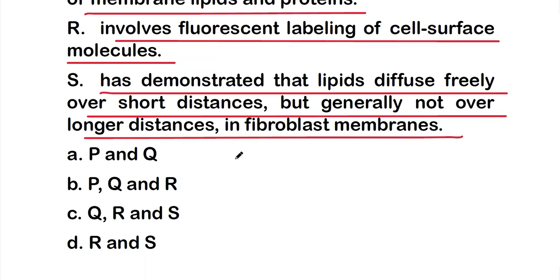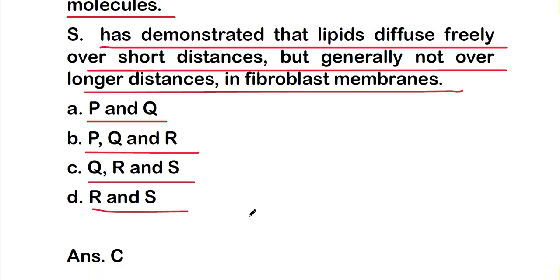So the options are option A P and Q, option B P, Q, R, option C Q, R, S, or option D R and S. So which statement is the correct one?